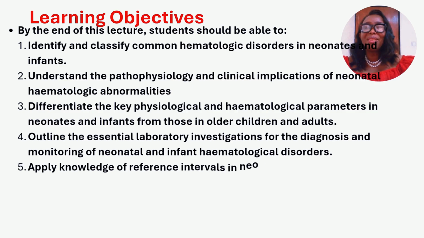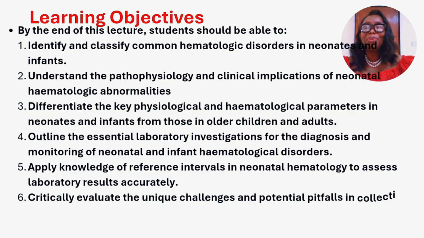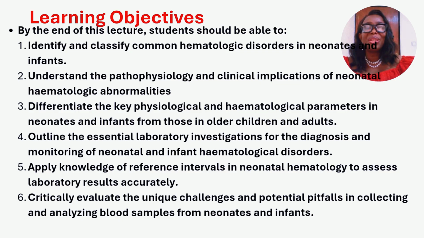You should be able to outline the essential laboratory investigations for the diagnosis and monitoring of neonatal and infant hematological disorders. You should be able to apply the knowledge of reference intervals in neonatal hematology to assess laboratory results accurately and critically evaluate the unique challenges and potential pitfalls in collecting and analyzing blood samples from neonates and infants.